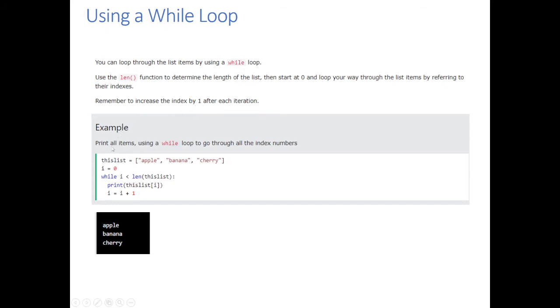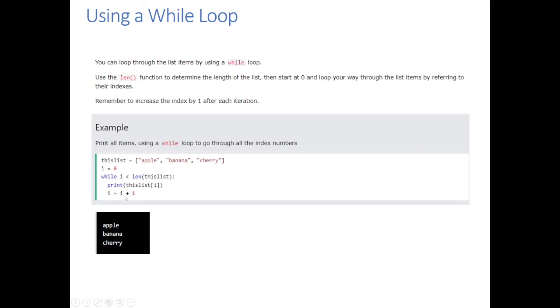Here we have an example to print all items using a while loop to go through all the index numbers. This list is equal to apple, banana, cherry, then i equals 0. That will be our first index. While i is less than the length of this list, which is 3, we print this list indexed by i. Initially that is 0.